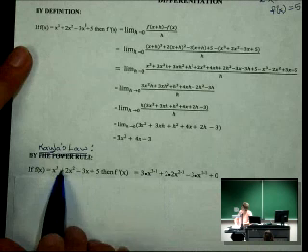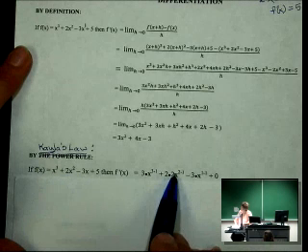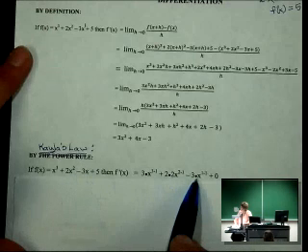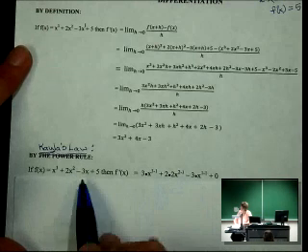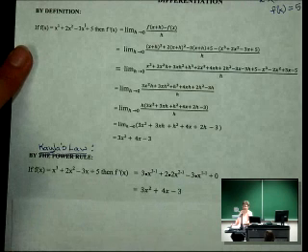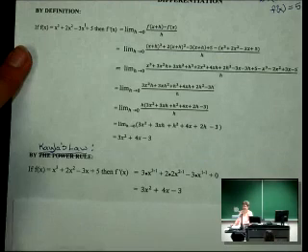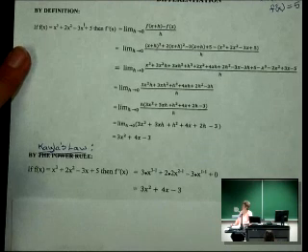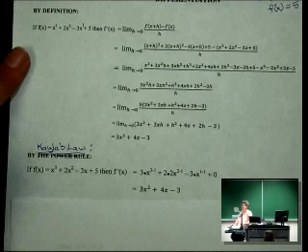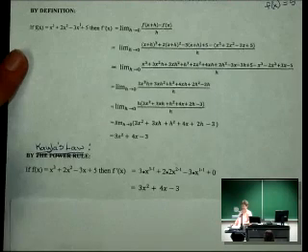Bring the exponent out front, subtract 1 from the exponent. Bring the exponent out front, subtract 1 from the exponent, and the derivative of a constant is 0. Holy cow. Kayla, I think you should get a Nobel Prize for that. That is fantastic. Calculus students of America love you.